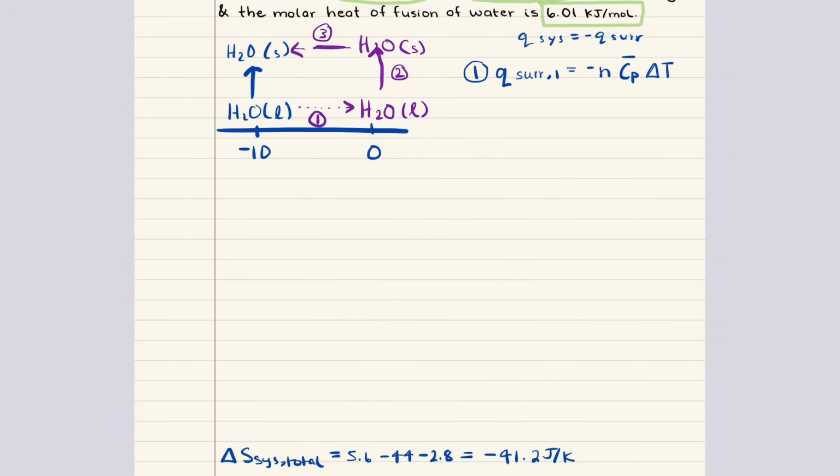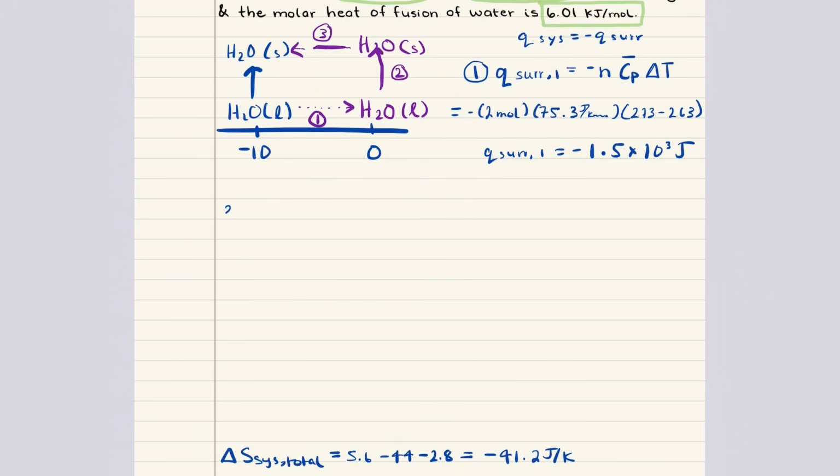It will be equal to negative N times molar Cp of the liquid times delta T. So this is equal to negative 2 times 75.3 times 273 minus 263. And that calculation is equal to negative 1.5 times 10 to the 3 joules.